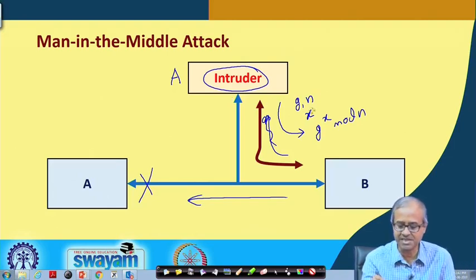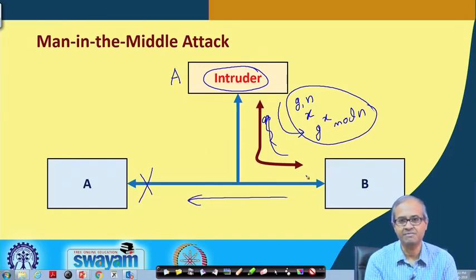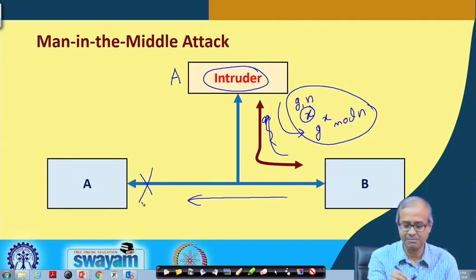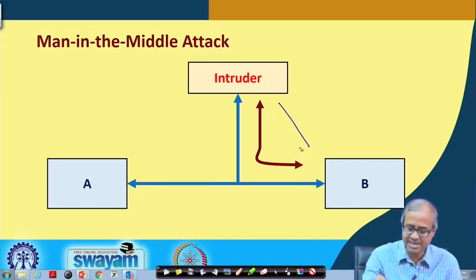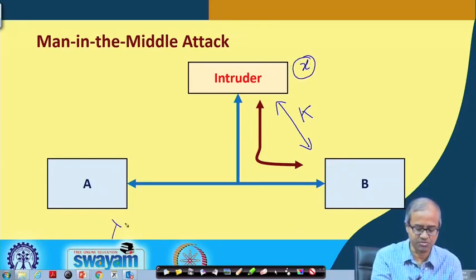The first message was initiated not by A but by the intruder, so the intruder has the value of x. B does not know that. B is sending a similar packet to A, which the intruder is also capturing. So what will happen at the end is that the key K will be shared between B and the intruder, not between B and A, because the small x was generated by the intruder, and A does not know about small x.